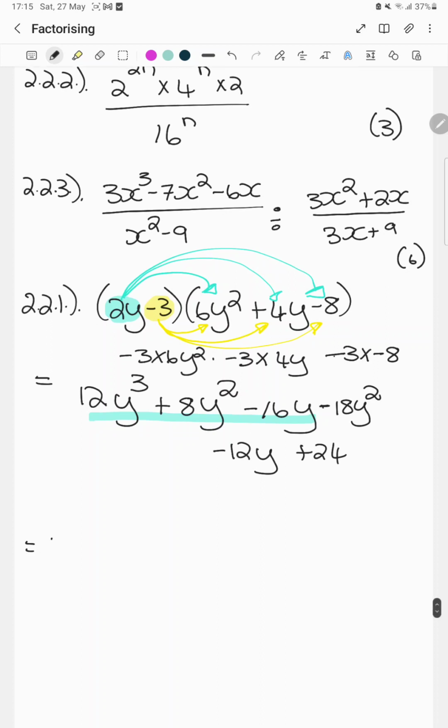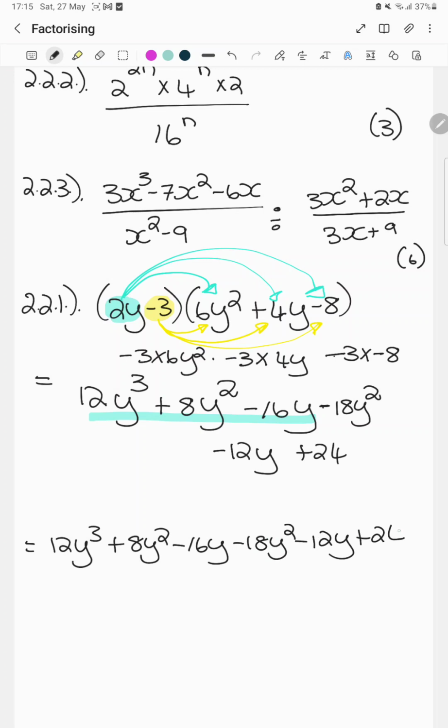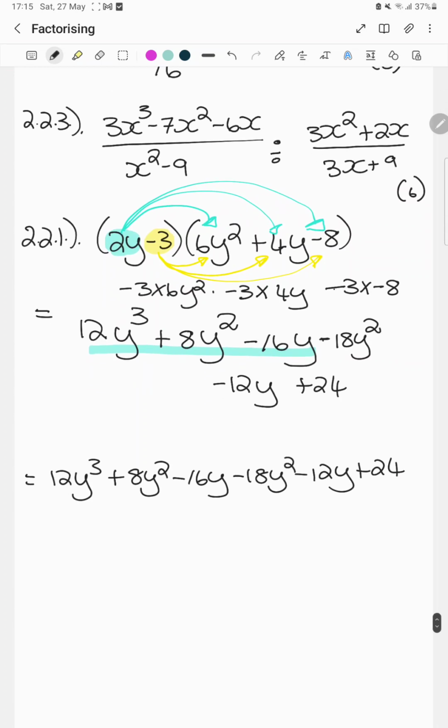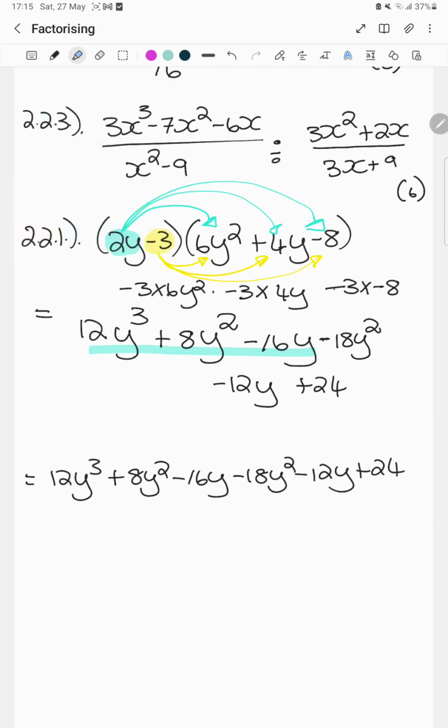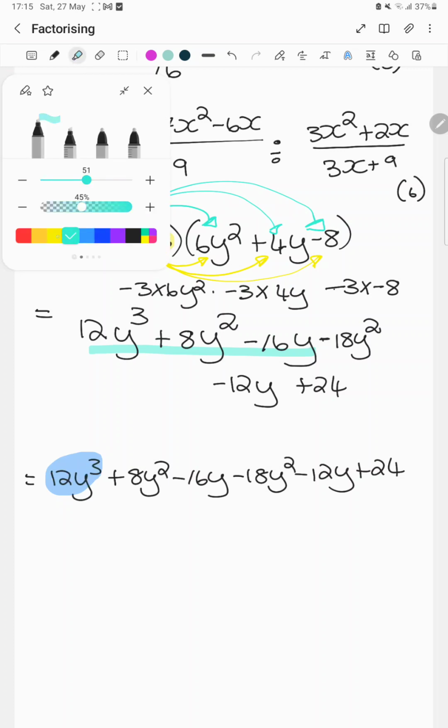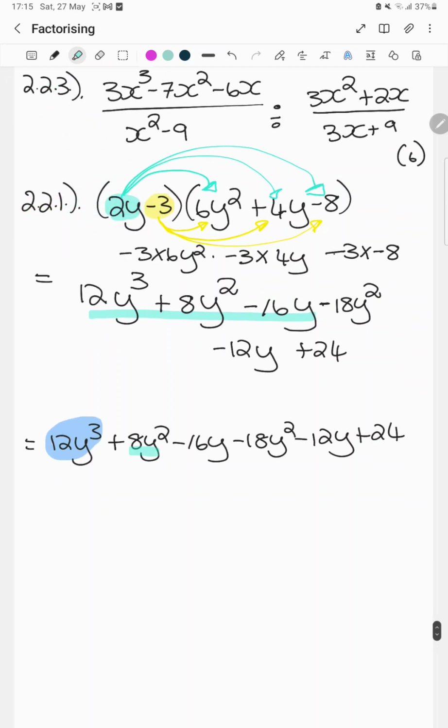So let's just rewrite this nicely. It's 12y to the power 3 plus 8y squared minus 16y minus 18y squared minus 12y plus 24. Now that we got to this part, we just have to look for like terms. Everything to the power of y to the power of 3 is only my 12. Everything that is y to the power of 2, I have this one and that one.